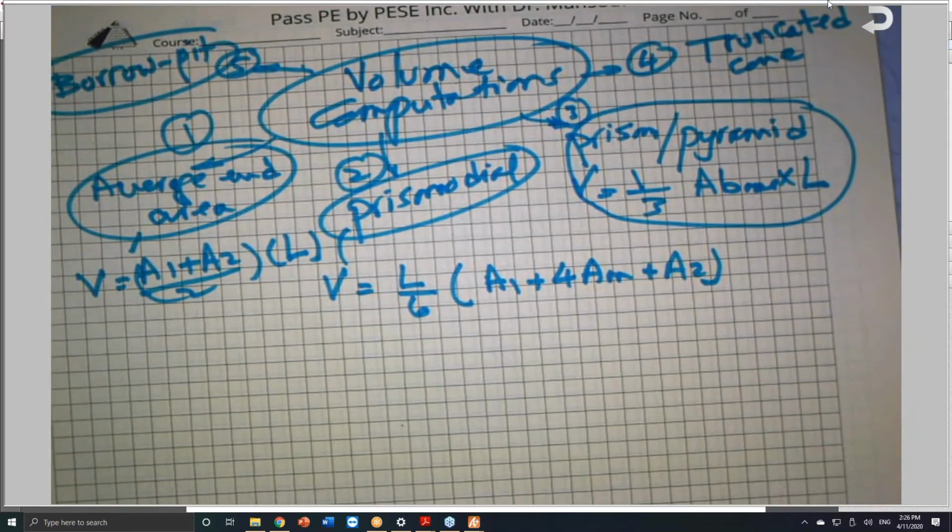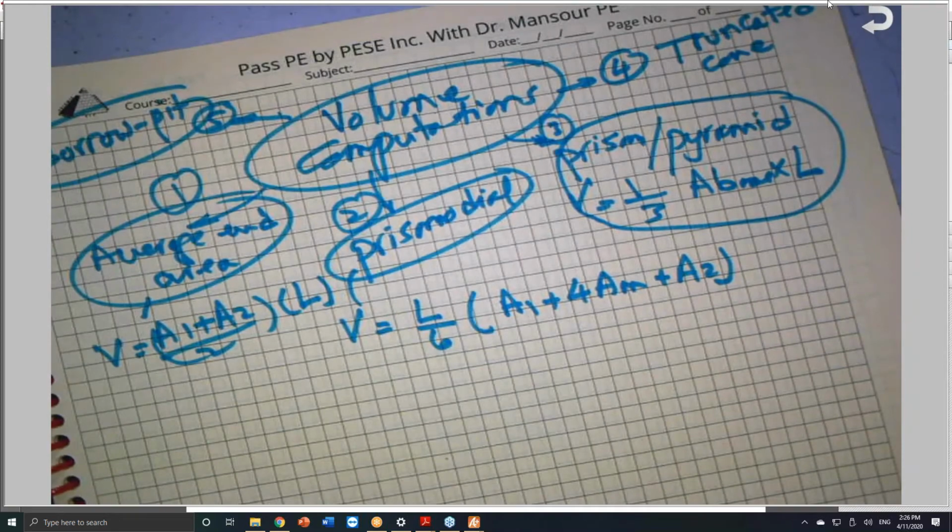And all of them, by the way, if you remember the basic equation for the volume computation in school, you will find that all of them are based on one simple equation, which is what is the volume? The volume is equal to the area times length.